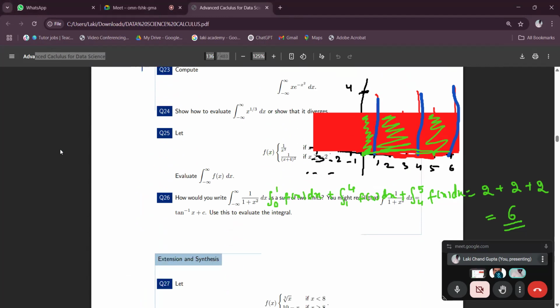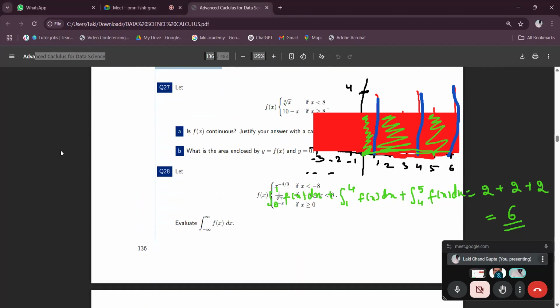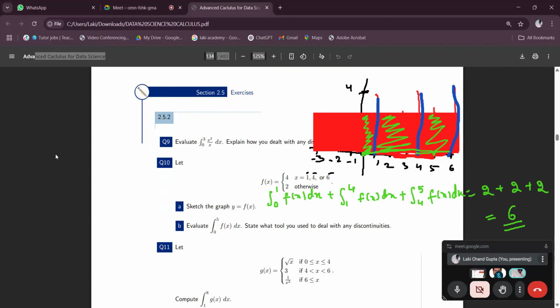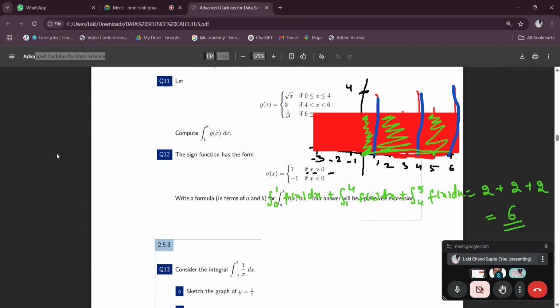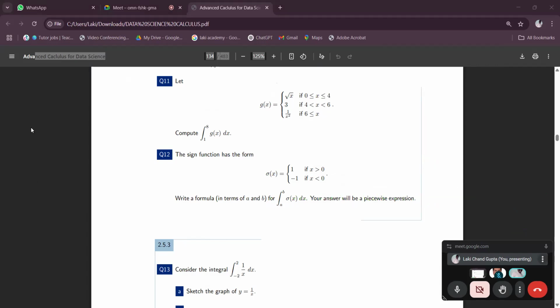So many questions are there. Okay, now we will do question number 11. You have to integrate from 1 to 8, but you cannot go directly from 1 to 8. First, you will go from 1 to 4, right?